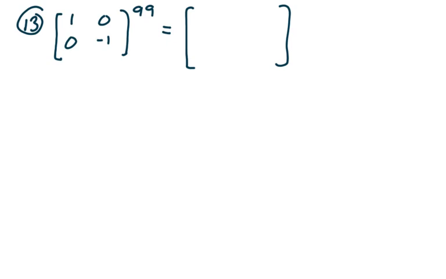13. Suppose I take 1, 0, 0, negative 1 to the 99th power. This one's real slick, and this is what I love about diagonal matrices, because all I have to do is take every entry along the main diagonal to the 99th.